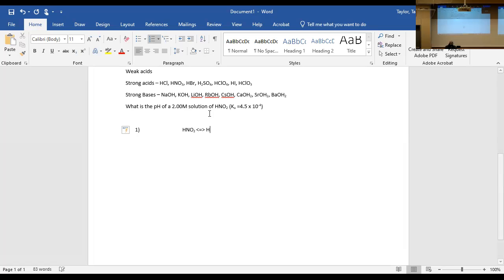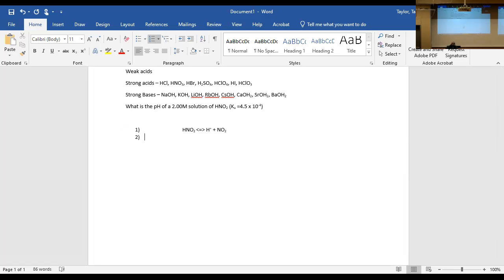And it's dissolving into a hydrogen ion plus the nitrite, NO2. So that's step 1, to write down your reaction.